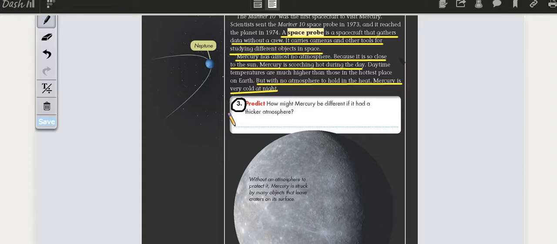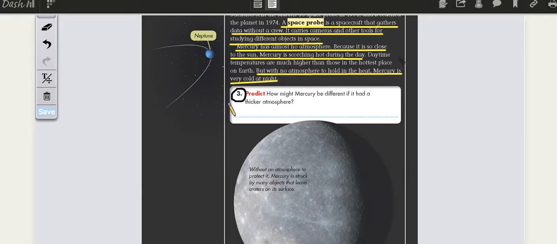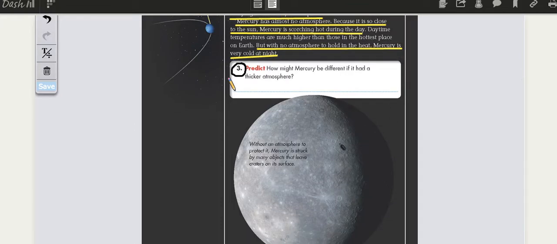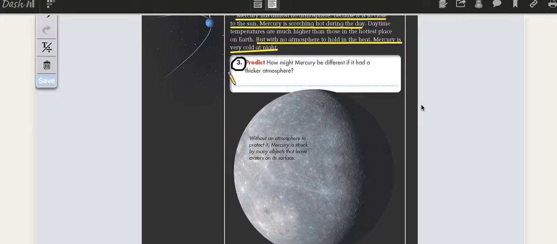Because it's so close to the sun, Mercury is very hot during the day, but surprisingly, during the night, it's very cold because Mercury doesn't have an atmosphere that will store the energy from the sun. So it's only hot during the day, but during the night, it's very cold, because there is no atmosphere to gather the energy from the sun.